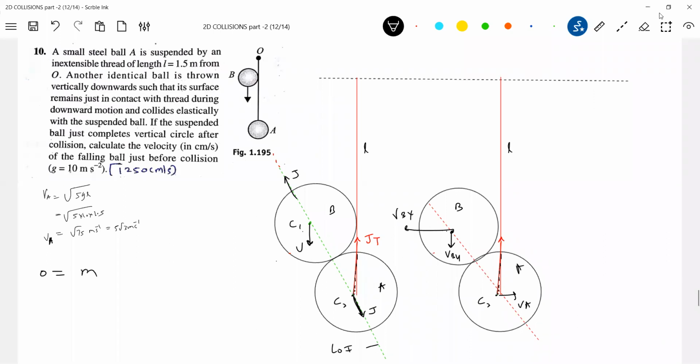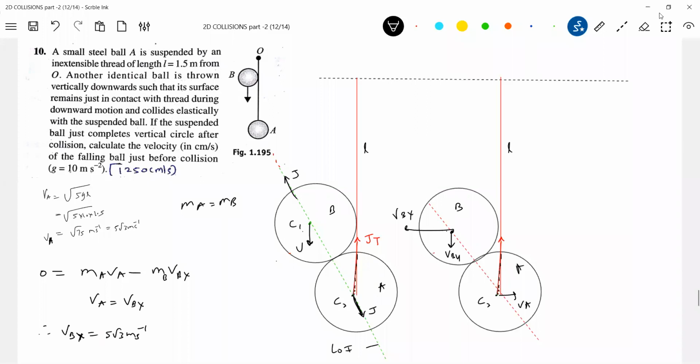Final momentum should be MA VA minus MB VBX. Since MA equals MB, therefore VA equals VBX. So I got the x component of velocity of this one. VBX should be equal to 5 root 3 meter per second.